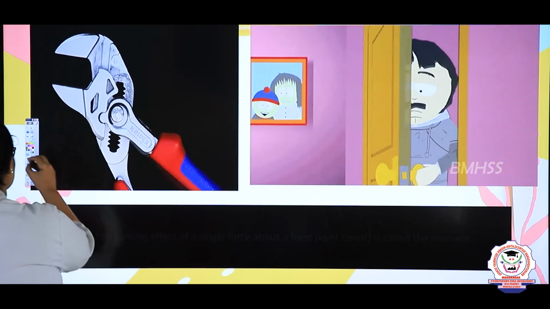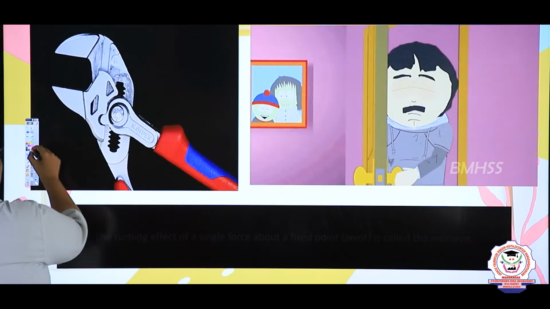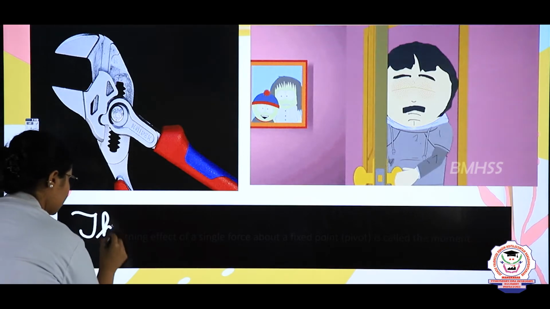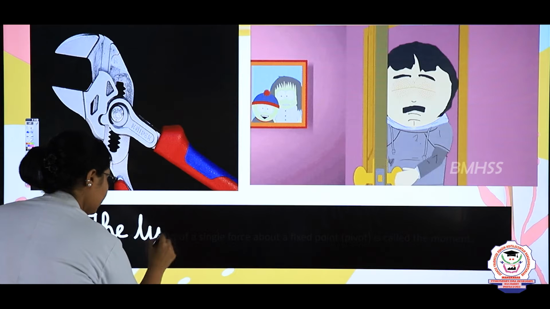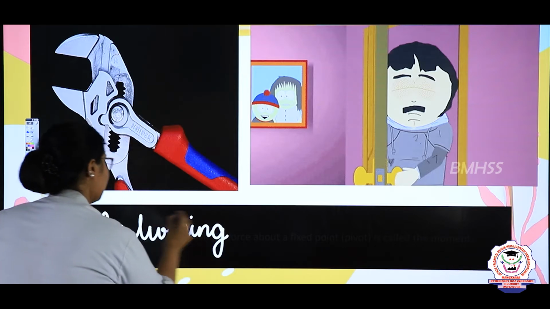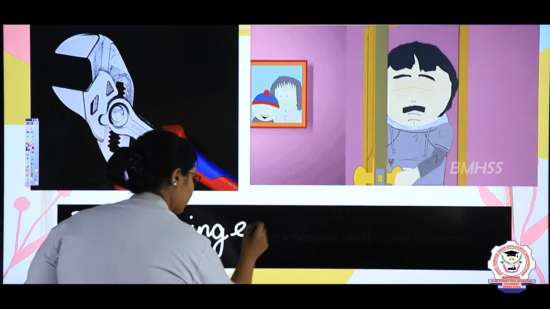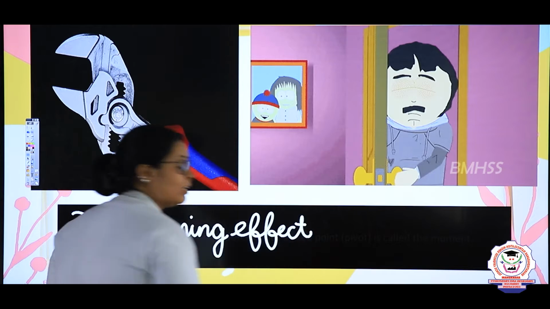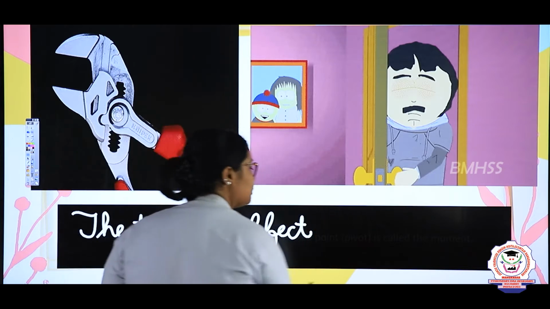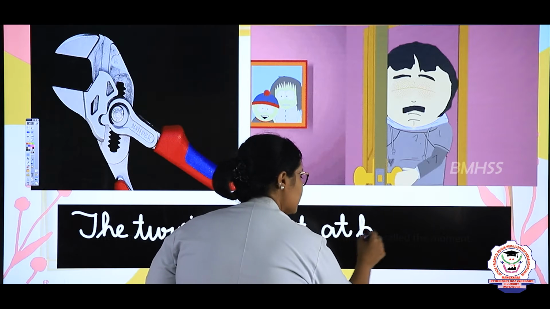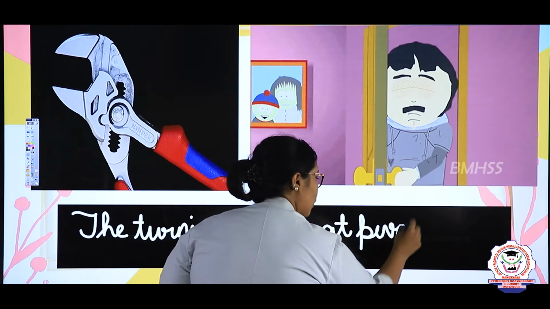So let's see what the definition means. The turning effect at a fixed point. What is the fixed point known as? The fixed point is known as a pivot, P-I-V-O-T.